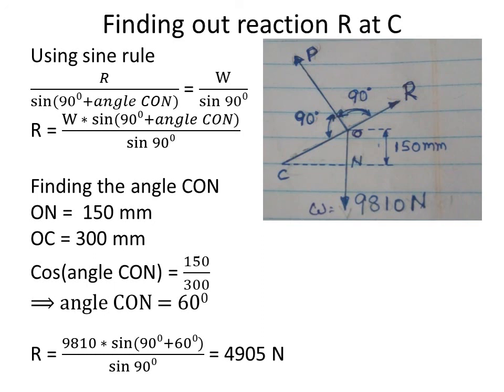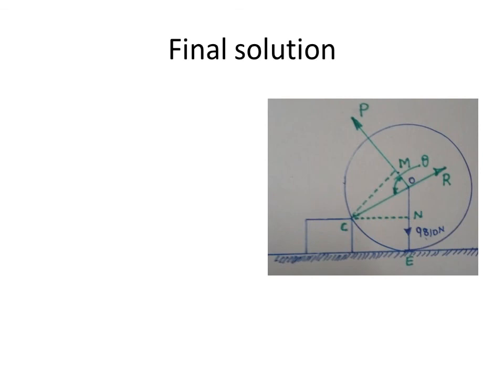The value of reaction is 4905 newtons. The final solution: the pulling force P is 8495.71 newtons, and the reaction at the point of contact is 4905 newtons.